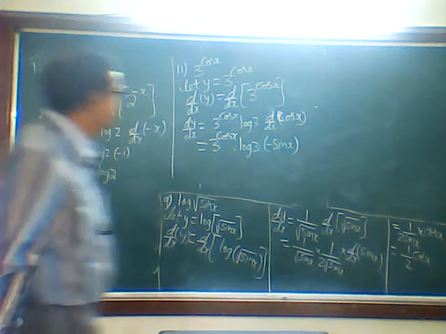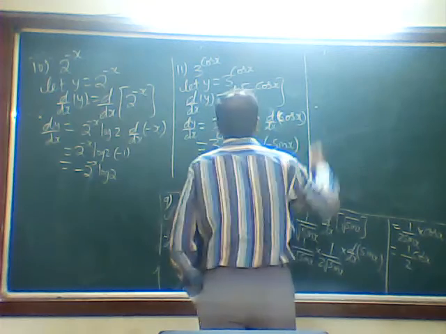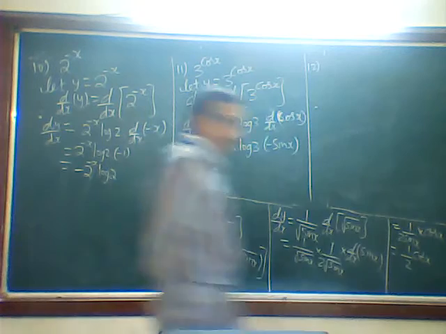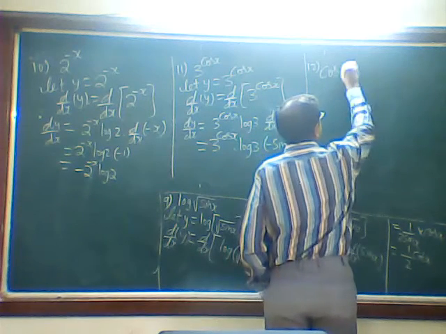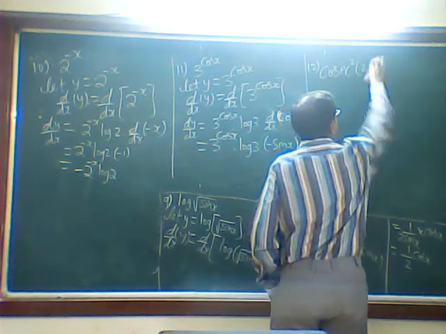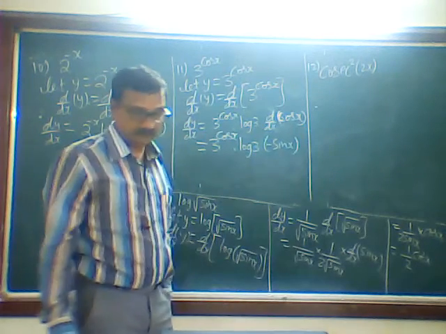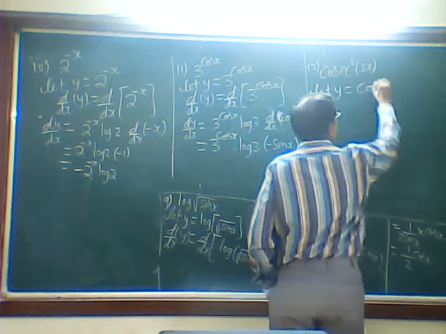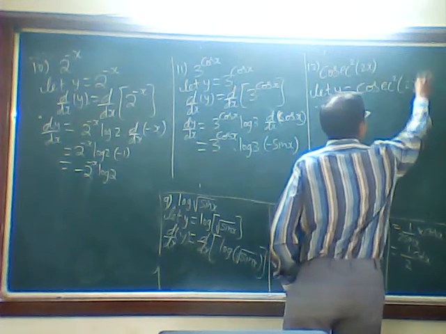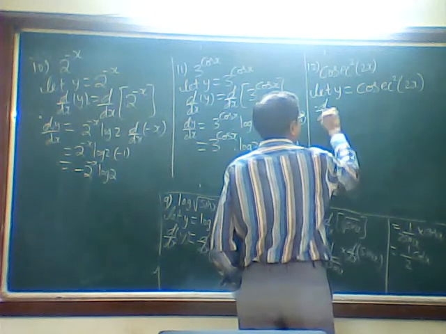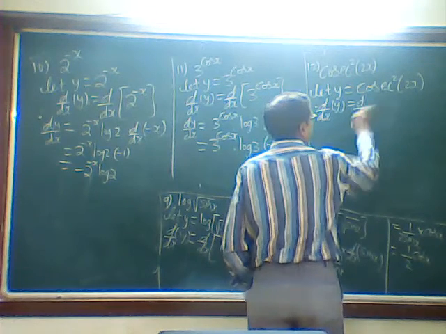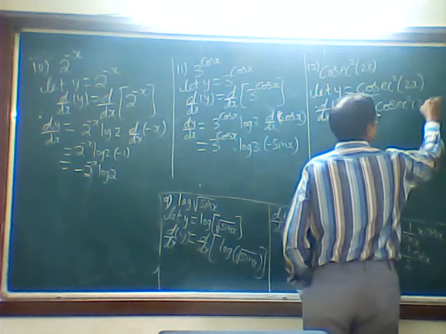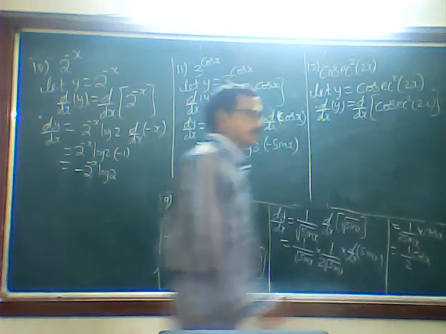Now next problem, again I think it is 3 functions. 12th one is cosec square of 2x. Let y is equal to cosec square of 2x, d by dx on both the sides.